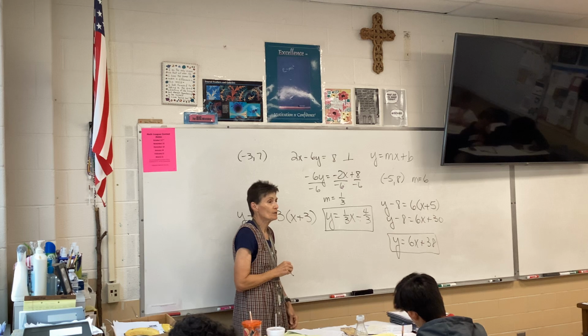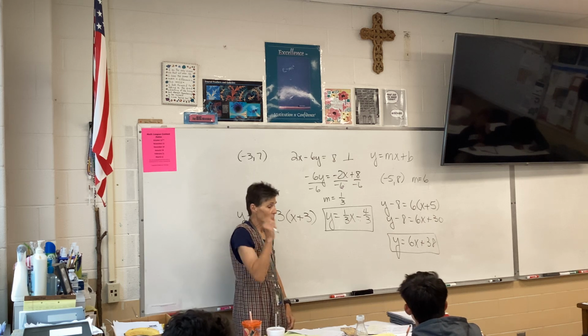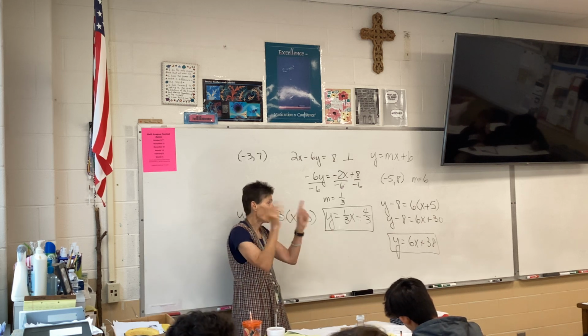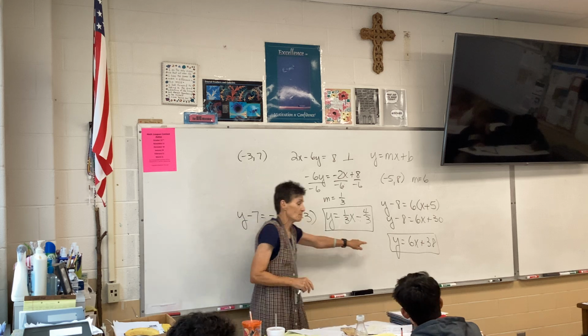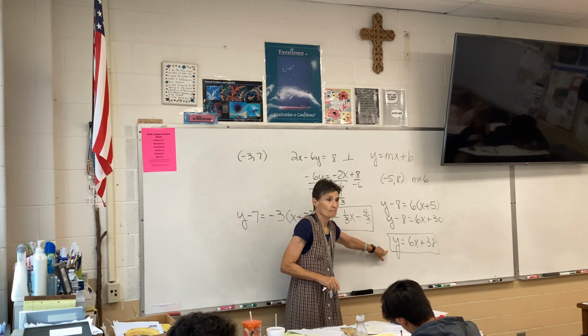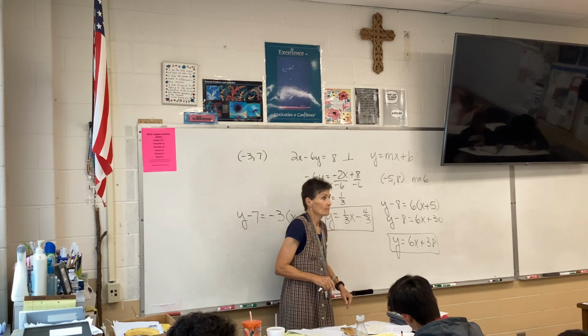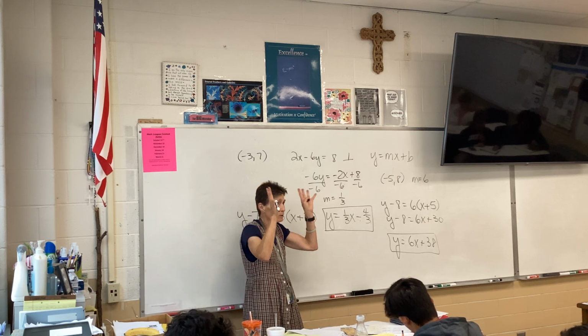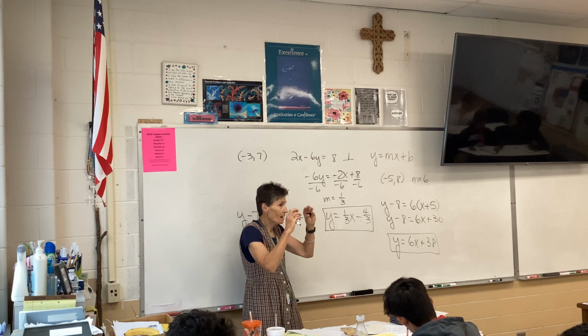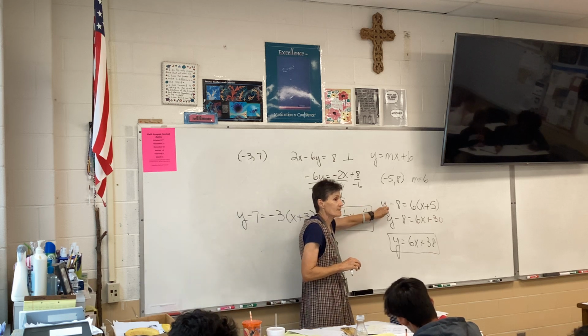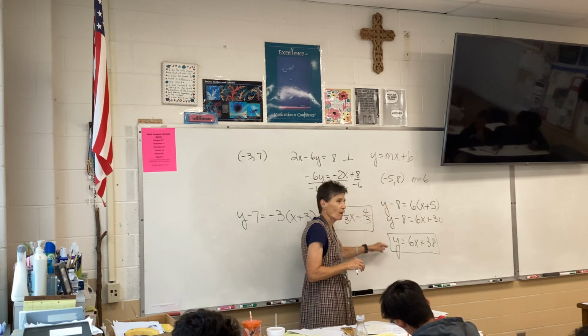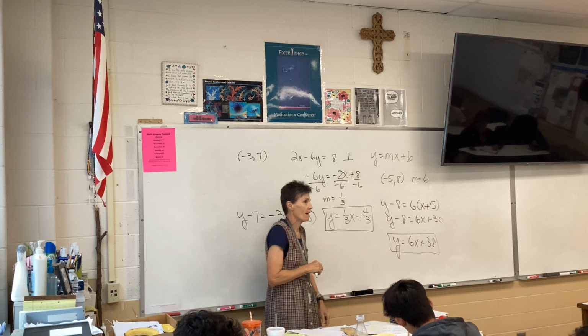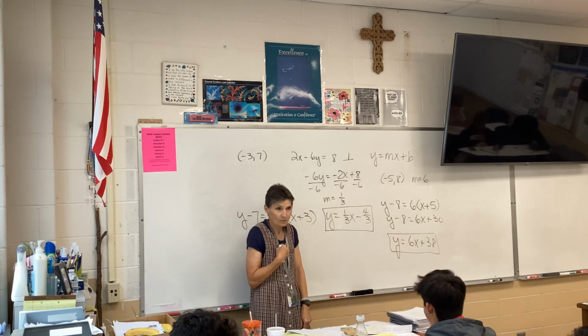Now some of you are going to do that differently, and I am so okay with that. Do it however you want, but this better be your answer. When you're my age, you got so much stuff in your brain, I try to minimize, so I do all my lines the same way, and then just rewrite them in whatever form I'm supposed to have. That's how I do it.